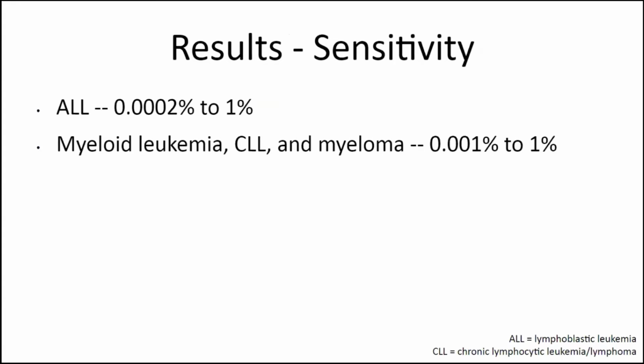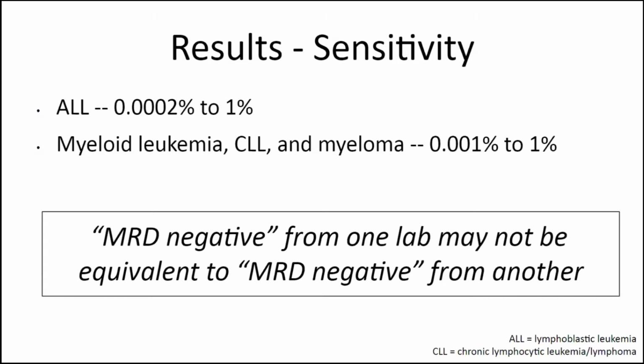As we saw from the COG study, calling someone with 0.5% leukemic cells as MRD negative does not benefit that patient, as they should receive intensified consolidation therapy. These findings highlight something important. MRD negative at one lab may not be the same as MRD negative from another.